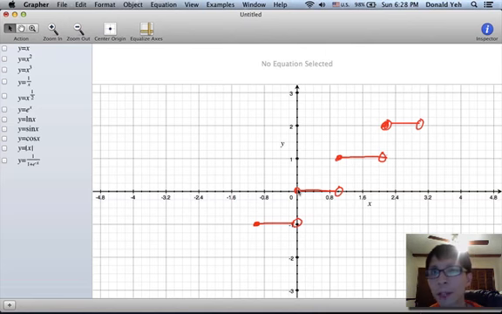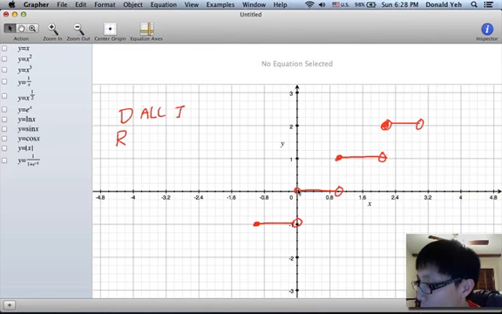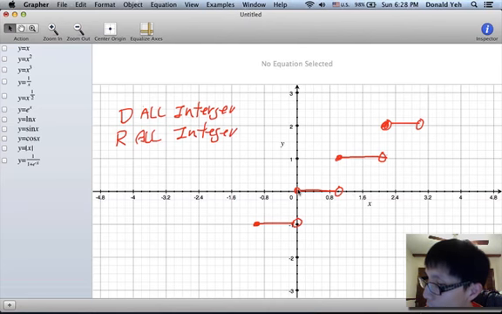It looks really funny, but basically looks like this. Do you need to know how to graph this one? Yes, you do. The domain and range all have to be integers. All integers. So it's called the greatest integer function.